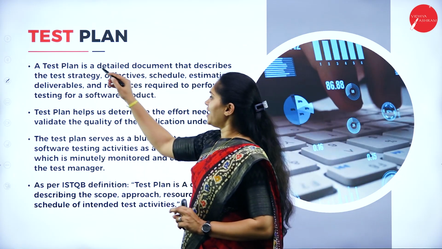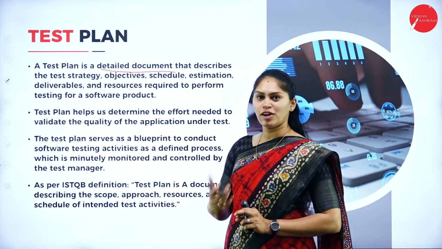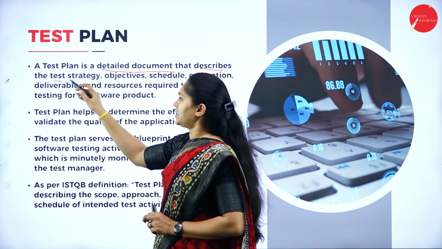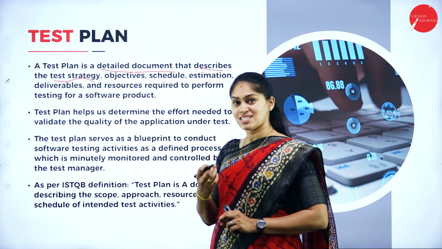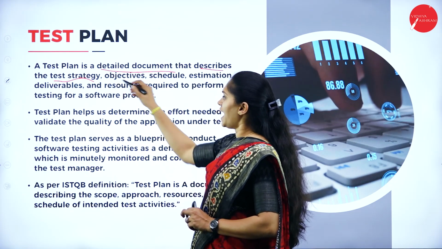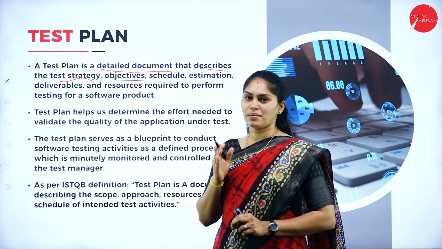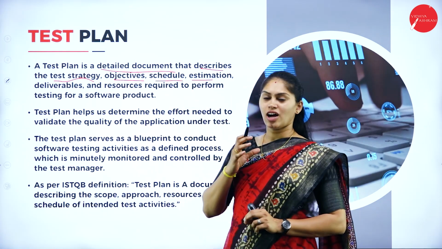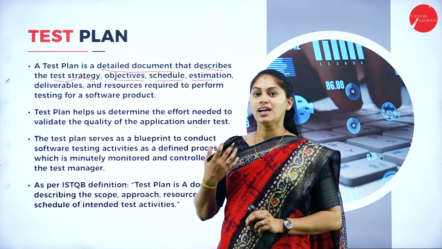We'll see now. It's a detailed document. It describes the test strategy, that specifies the strategy of a test, along with the objective, for what purpose we are having this testing, and the schedule, how much time it will take, or estimation.